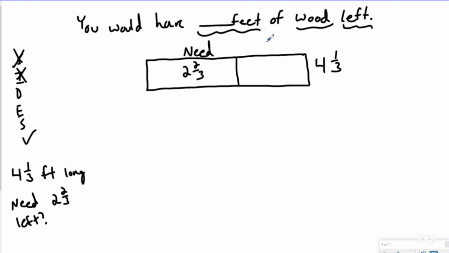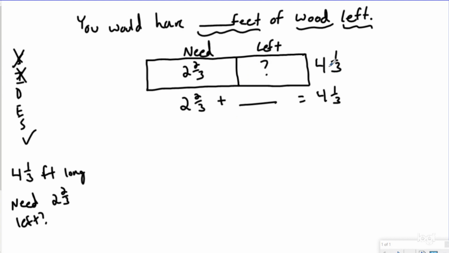And after I saw that off with my awesome saw you saw in the intro video, I'm going to have something left, and this is what my question mark is asking me for. So what my tape diagram is showing me is 2 2/3 plus something is going to give me 4 1/3. This is what I love about the tape diagram.